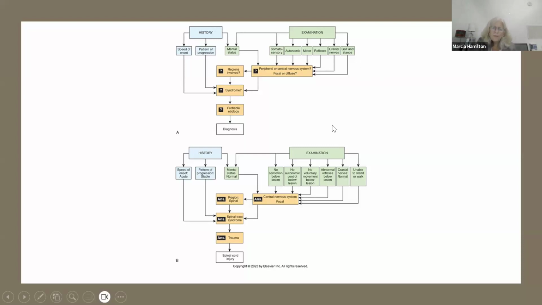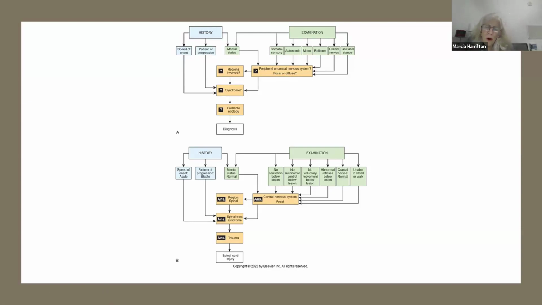So when they're showing you this schematic, they're basically going through the thought process. Is it a peripheral injury or is it a central nervous system injury? Is it focal or diffuse? Focal meaning, say, something very specific like the middle cerebral artery.